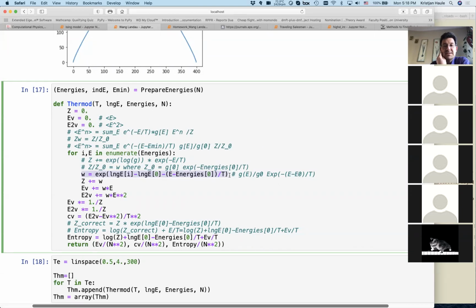But it's not exactly Z. The reason for this is that Z could be extremely large, even for one degeneracy, like Z for the state with zero energy could be so big that we could get overflow.